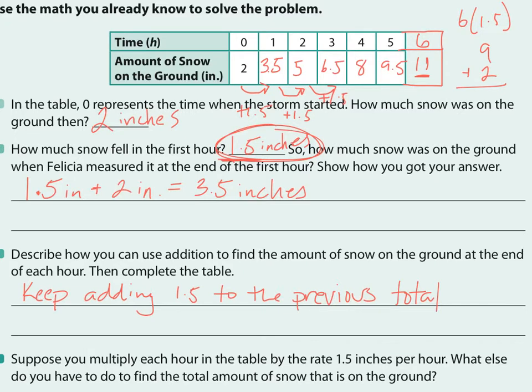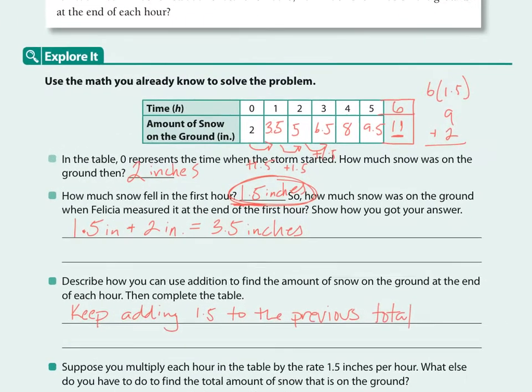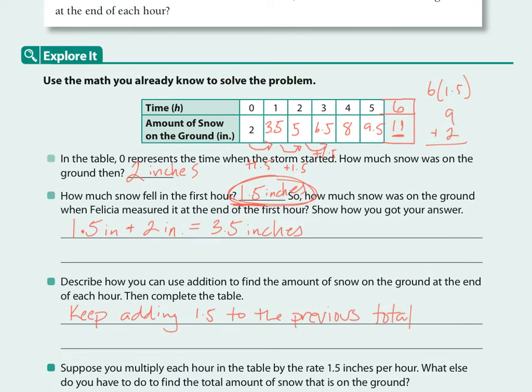And while we're talking about it, guys, let me zoom out a little bit. When we have this table, we have a special name for 2. This is our initial value, because at time 0, we already had 2 inches of snow.